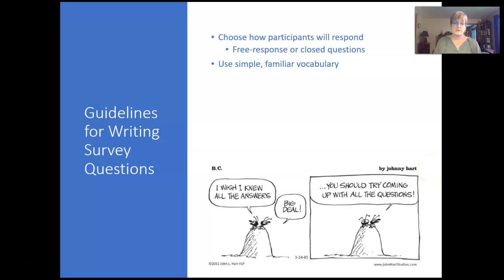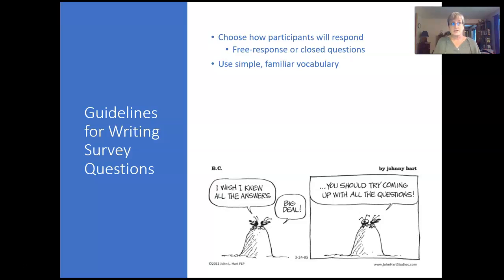If, however, I'm dealing with an audience where I'm unsure of their level of education, generally speaking, what I'm going to want to aim for is simple, straightforward vocabulary that the average person would be comfortable with. So you want to avoid jargony, unfamiliar terminology.